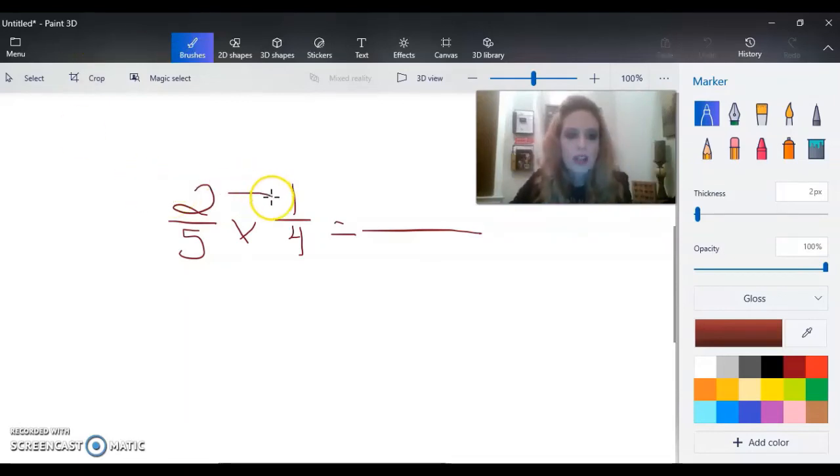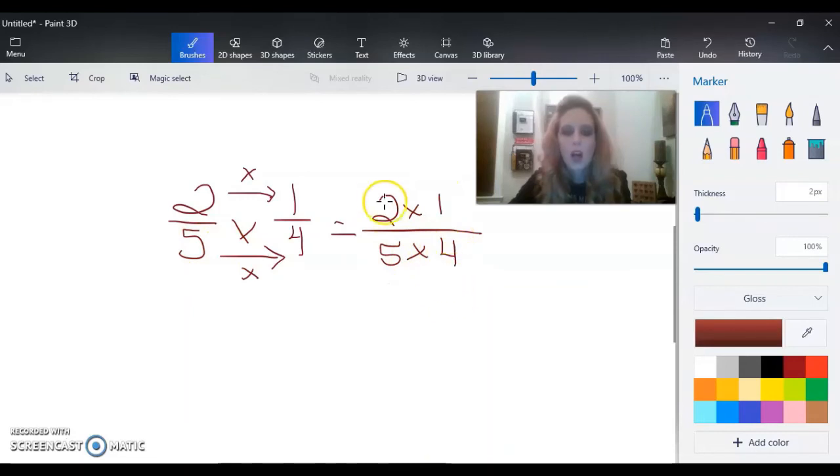We're just going to go straight across numerators, straight across denominators, multiplying those numbers together. 2 times 1, 5 times 4. 2 times 1 is 2. 5 times 4 is 20.